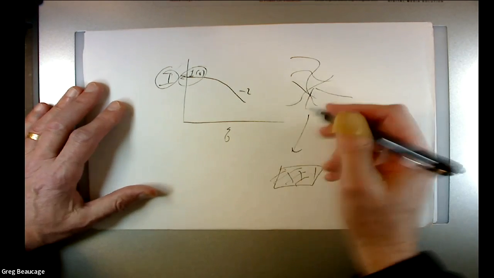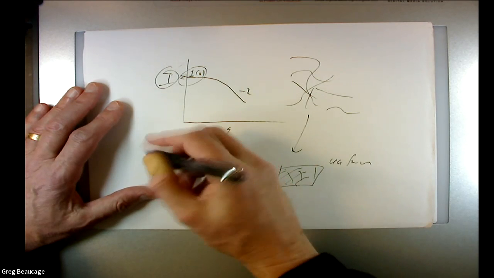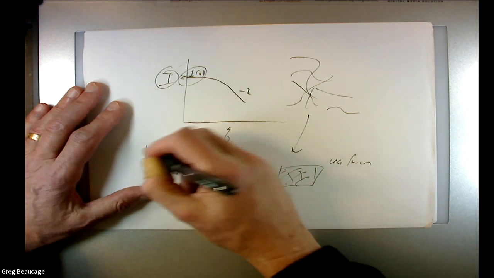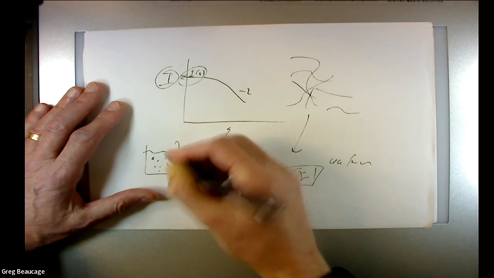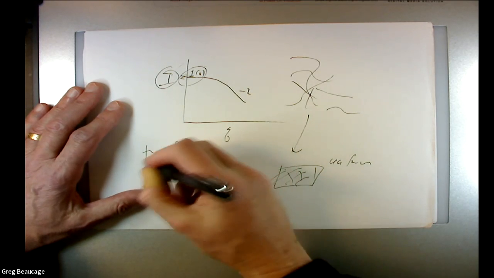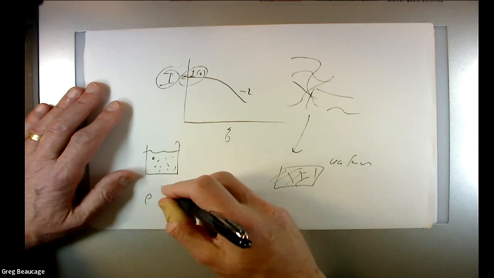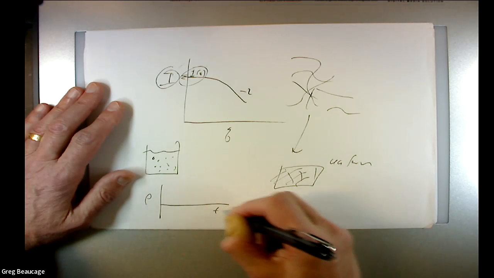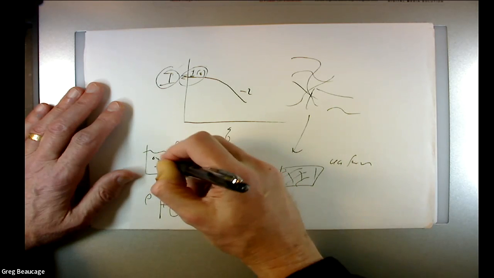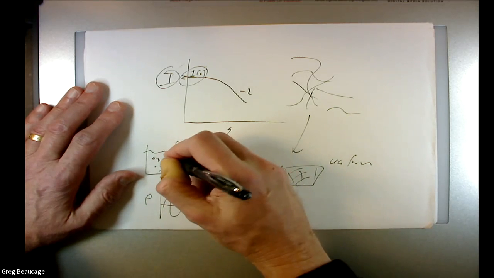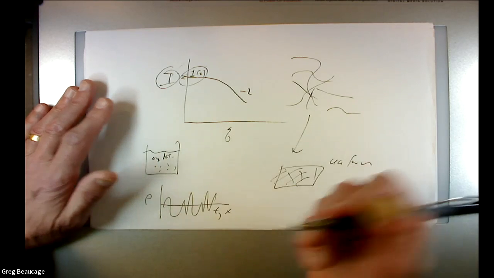So the simplest case is you look at a colloid, like you have polymer chains floating around in a solution. And you say, well, if you plotted the density as a function of time or position, it's not going to be the same density because these things will cluster because of kT, they'll cluster together and move apart.